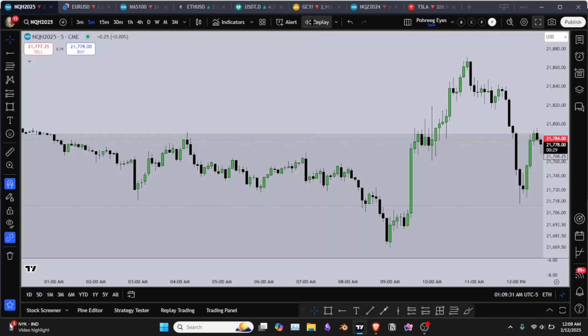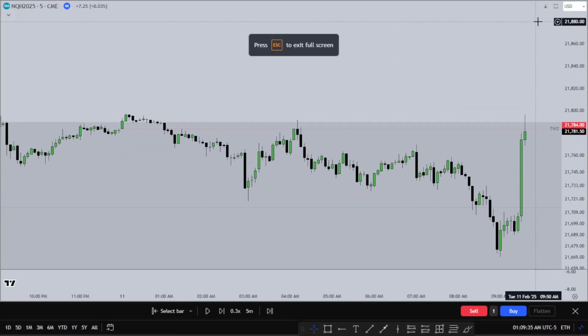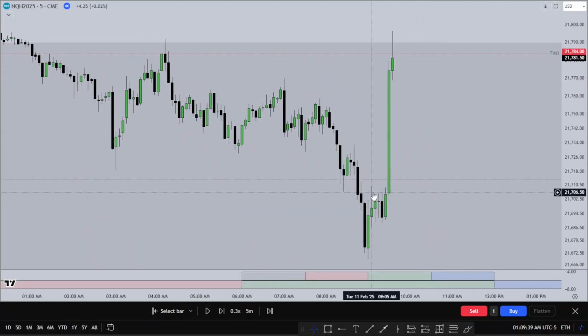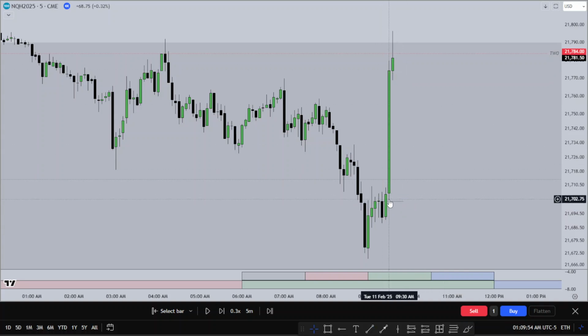What I actually wanted to enter was, I was meant to enter right here. Okay, we're below discount, we're below the true open. I was meant to enter right on this right here. Now see how precise that was when price just retraced.